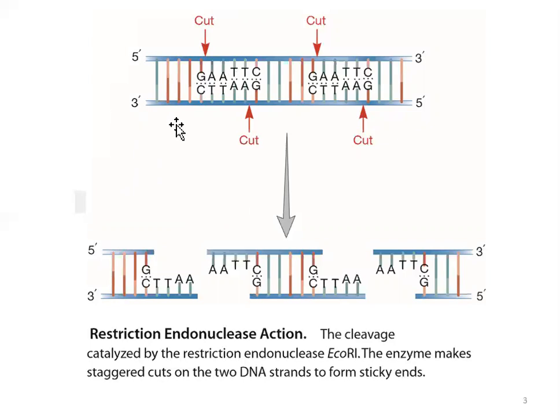This is the specific type of endonuclease that acts upon this specific DNA sequence. So it will recognize this sequence, and then it cuts the phosphodiester bond present at the position between G and A nucleotide from 5' to 3' direction, as well as from 3' to 5' direction, and in reverse form.